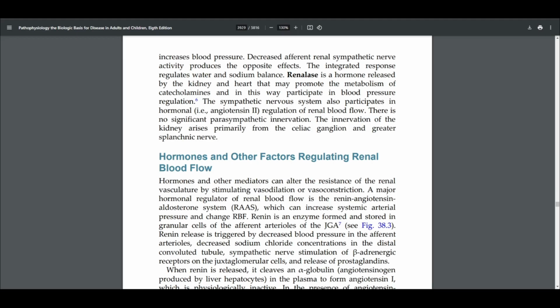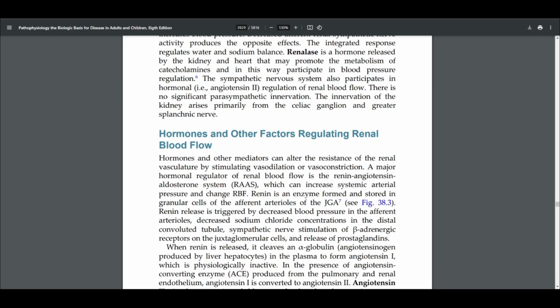Urodilatin is a hormone released by the kidney and heart that promotes the metabolism of the catecholamines, and in this way participates in blood pressure regulation. The sympathetic nervous system also participates in the hormonal angiotensin II regulation of the renal blood flow.